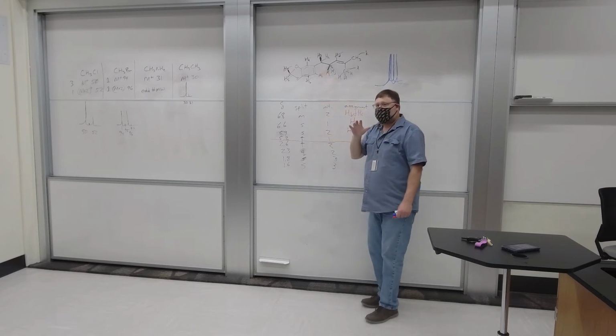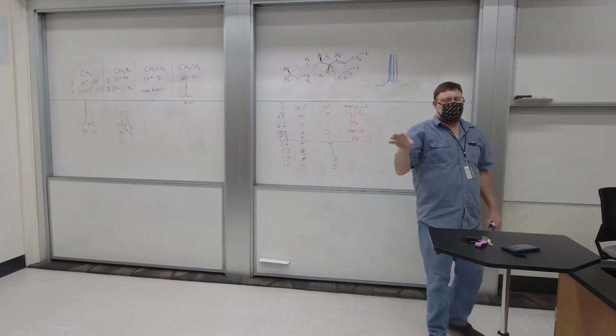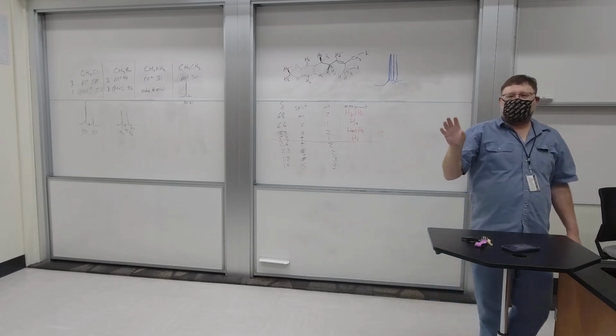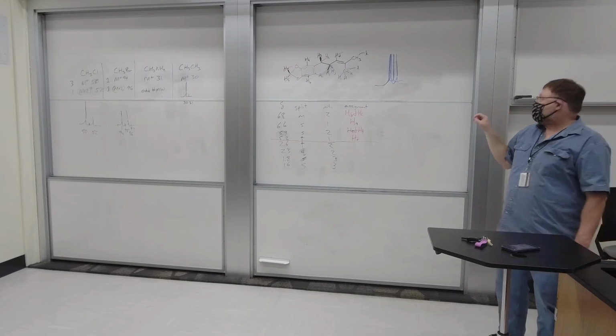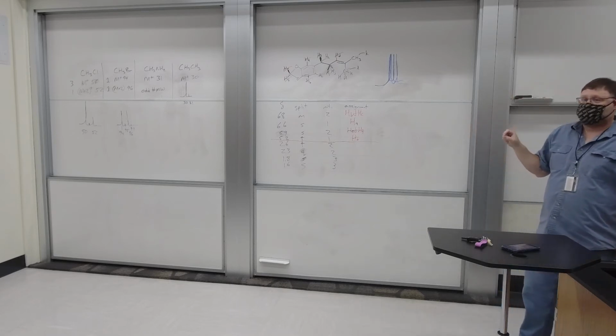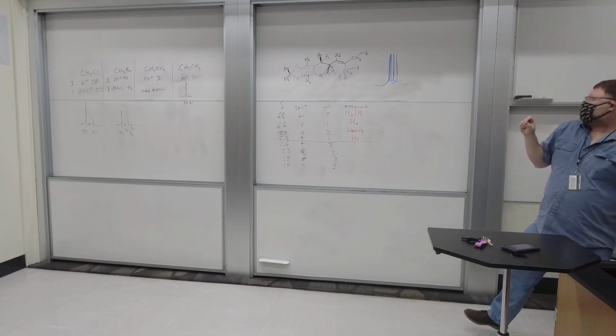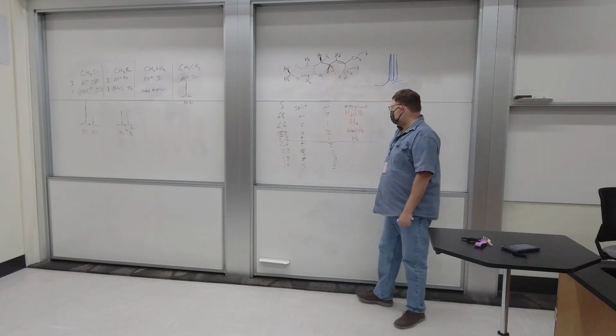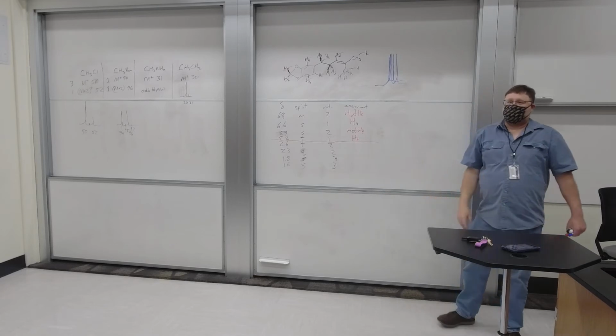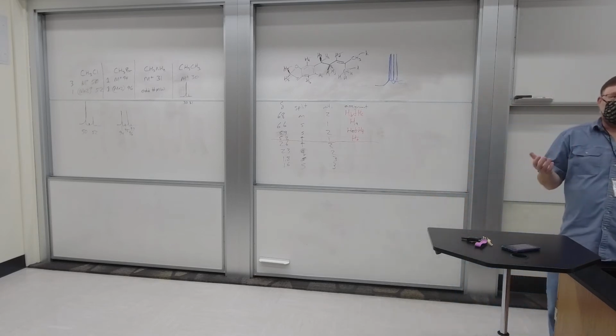So those are protons on an sp3 carbon bonded to an sp2 carbon. That fits both G and H and I and J. And there is no way for you to predict, based on the structure, which one is which. 2.6, 2.3 could be either of those.